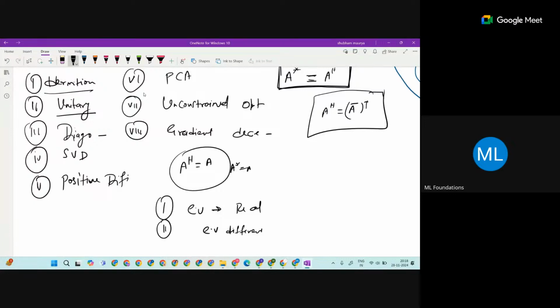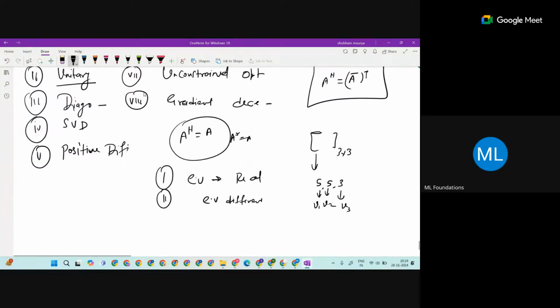Suppose you have a 3 cross 3 matrix in which two eigenvalues are 5, 5 and the next is 3. Suppose you are able to calculate the eigenvectors separately, let's say v1 and v2 for the 5s, and v3 for the 3.